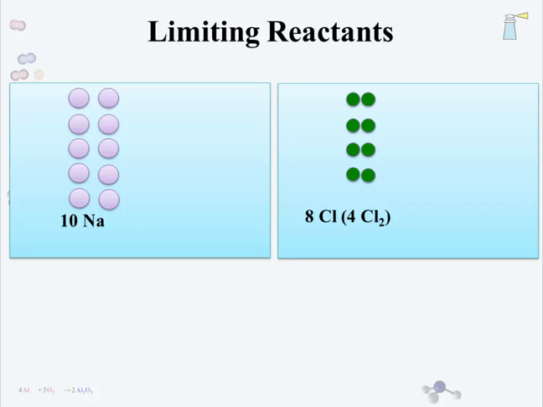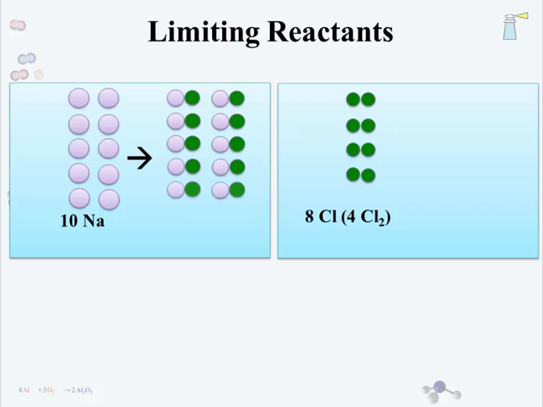In this example, we look directly at atoms and molecules, but with any real limiting reactant problem, the amount values will be in moles. The basic question is to ask how many sodium chlorides can be produced from 10 sodium atoms. That is assuming that there is an abundance of chlorine molecules. The answer to that is, of course, 10 sodium chlorides. 1 sodium for each sodium chloride.